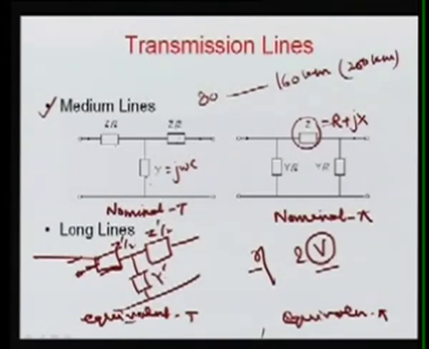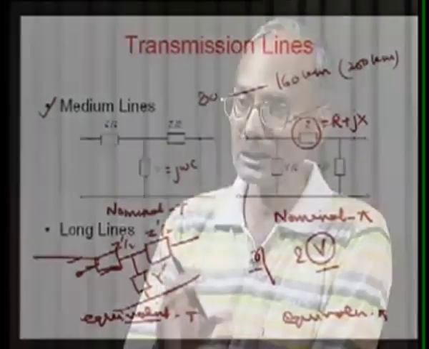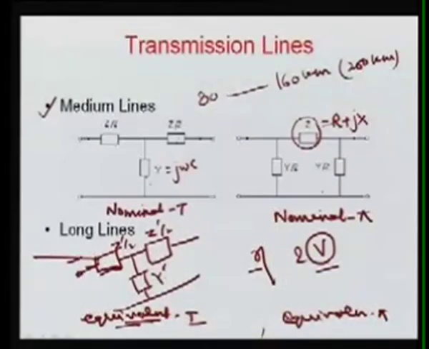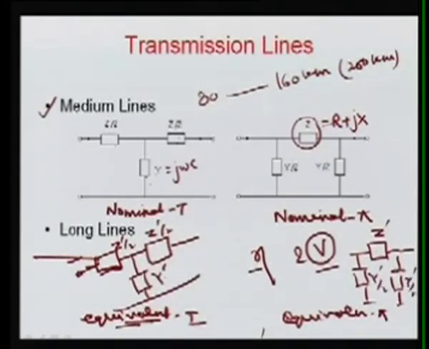Here it is equivalent because we are analyzing the line as it actually is, with no assumption, and then we represent it in terms of T, that is why it is called equivalent T. Similarly, in the equivalent pi, we can represent the pi circuit like this. This is your pi as in the previous case. Here this is again Z prime, here Y prime by 2, here Y prime by 2. Again Z prime and Y prime are calculated, based on the equivalent or exact analysis of the transmission line.